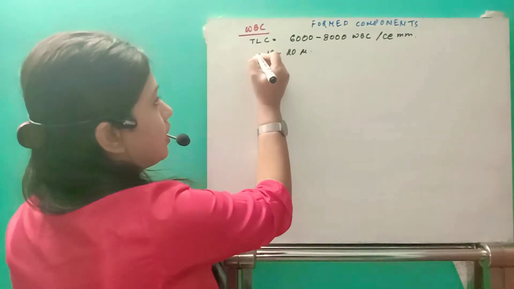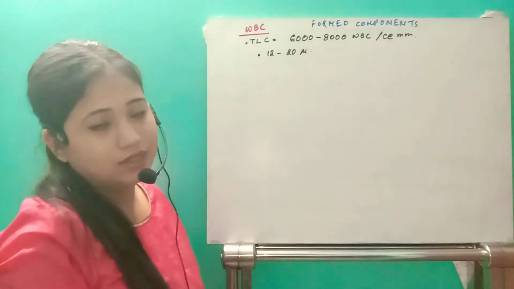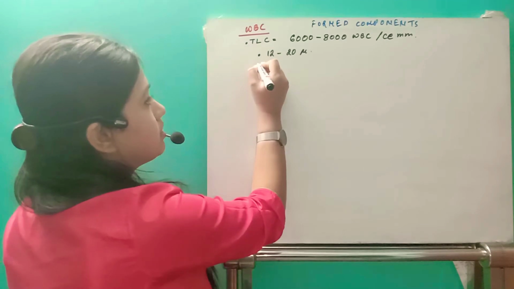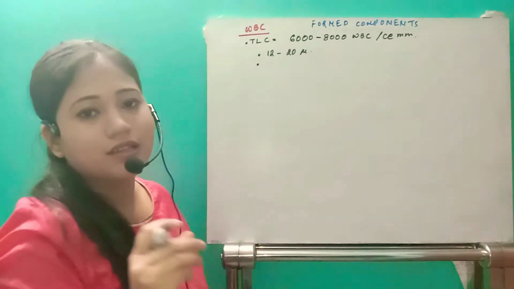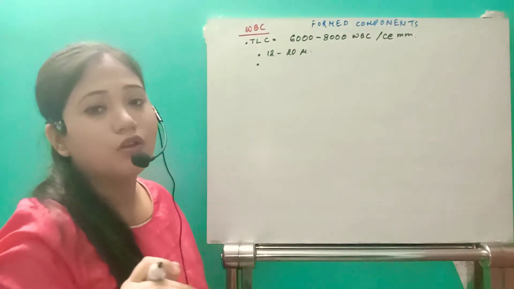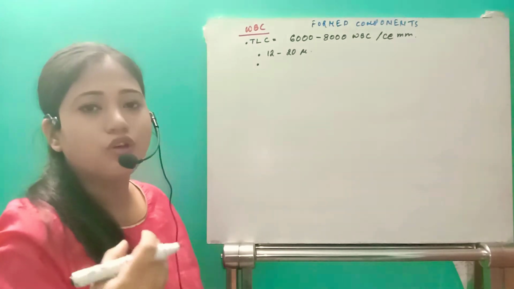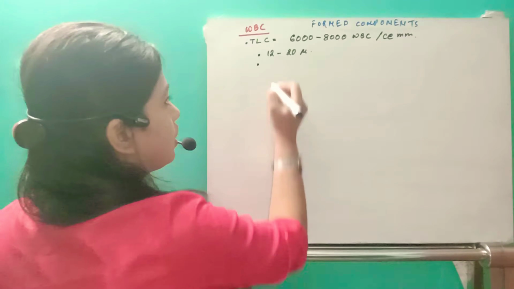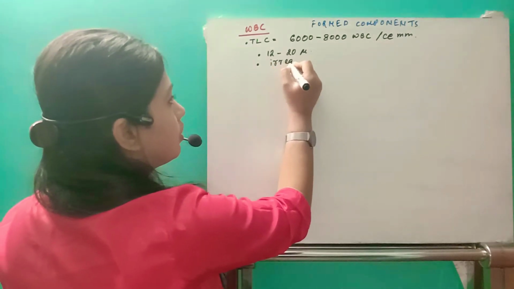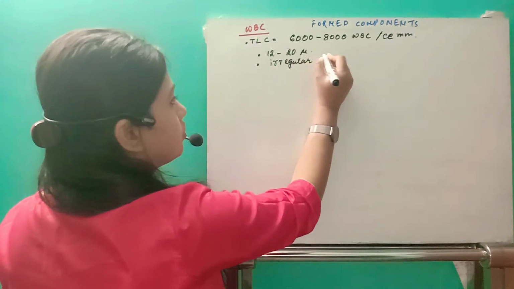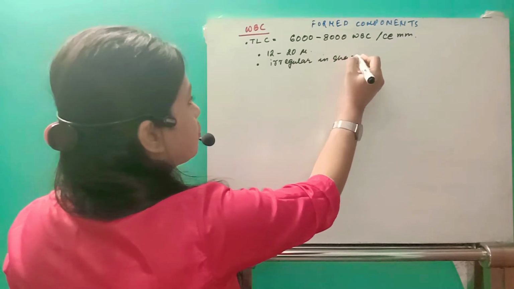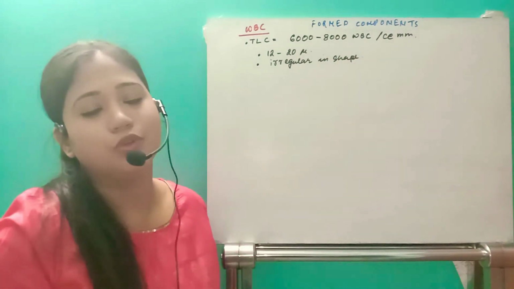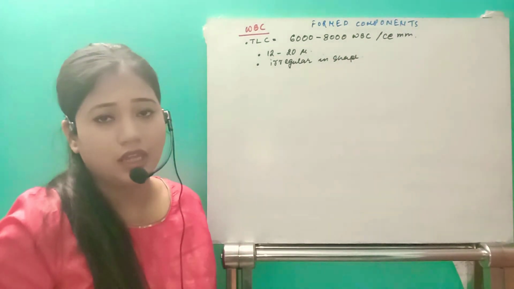The next characteristic of the WBC is that it is a cell which has an irregular surface area. That means it does not have a definite shape and structure. So this is one important point, that WBCs are irregular in shape.